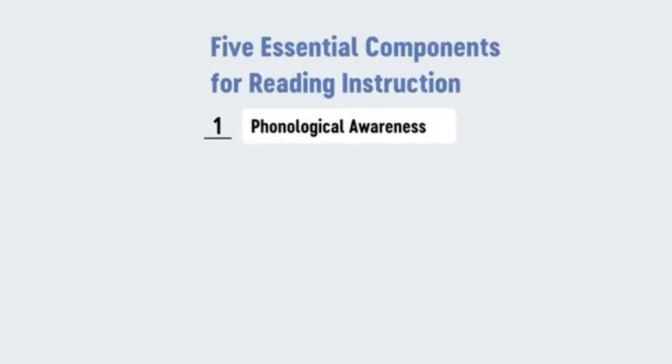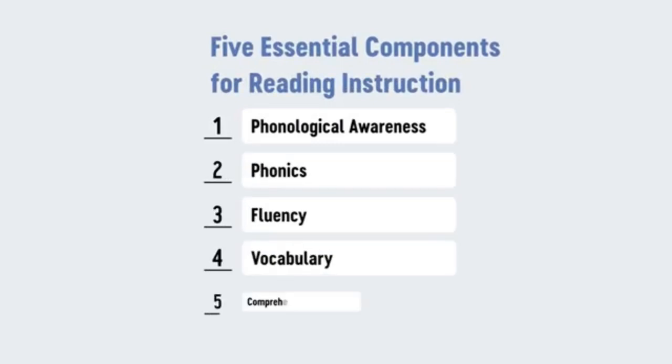The science of reading points to 5 essential components that must be integrated into reading instruction. The first is phonological awareness, then phonics, fluency, vocabulary, and comprehension. We're going to break down each of those topics in future videos. But let's dig in a little bit more into this concept of reading instruction.